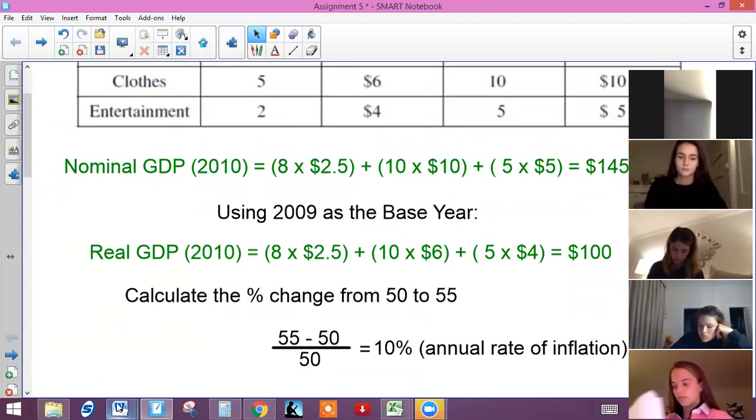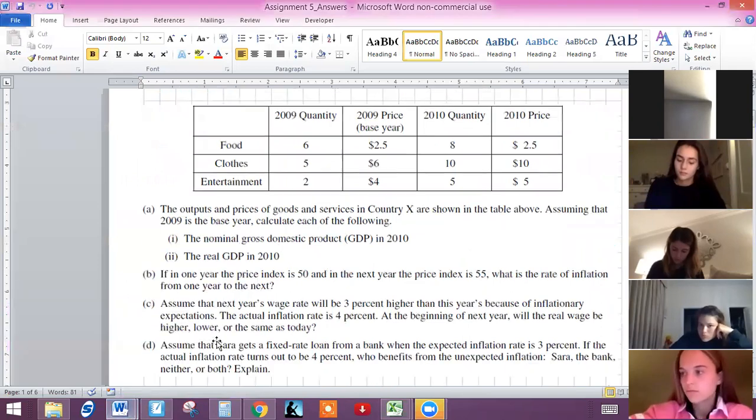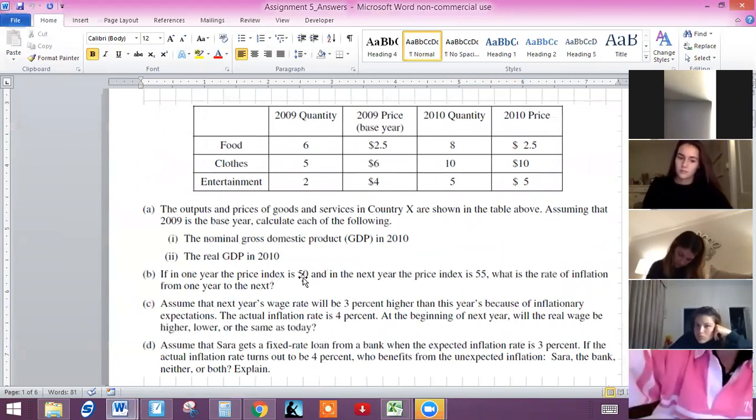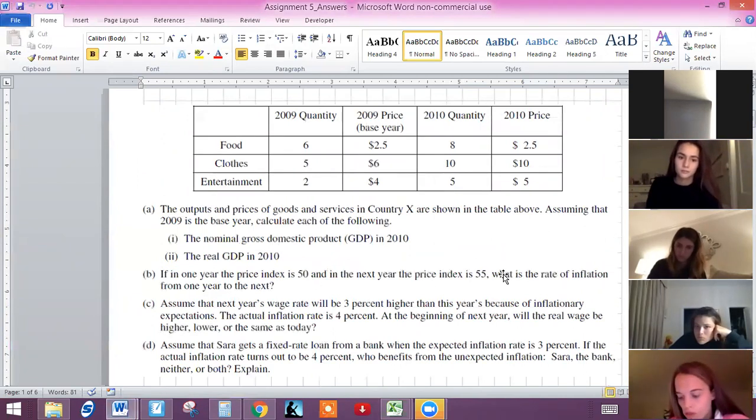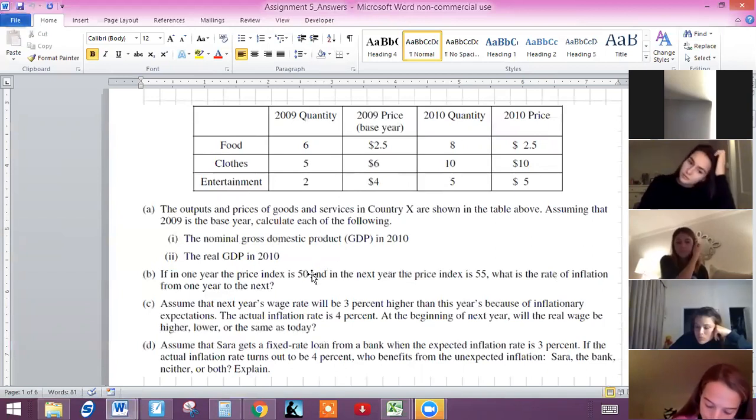Now, the next thing it's asking us to do here is, if we know that the price index is going from 50 to 55, and we're trying to compute the rate of inflation, well, we simply compute the percentage change between the price index of one year to the next.